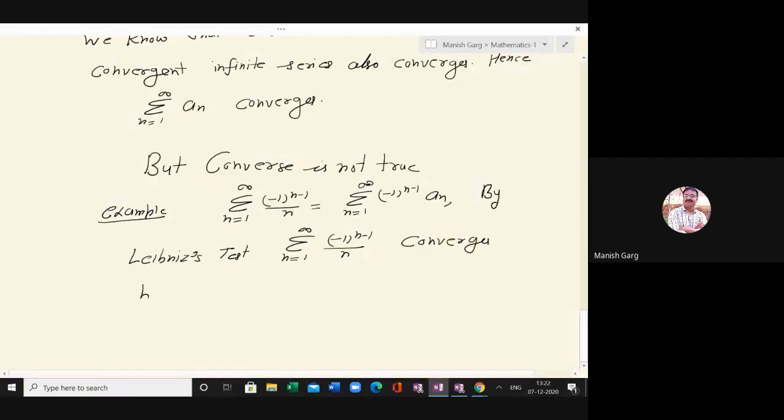But if you take only the positive terms series, what will it be? This will be the sum from n equals 1 to infinity of 1 by n. This diverges by P test. So you can say the positive series diverges, but the alternating series converges. So the converse is not true.